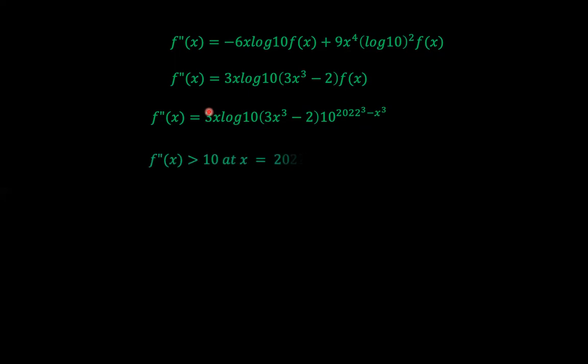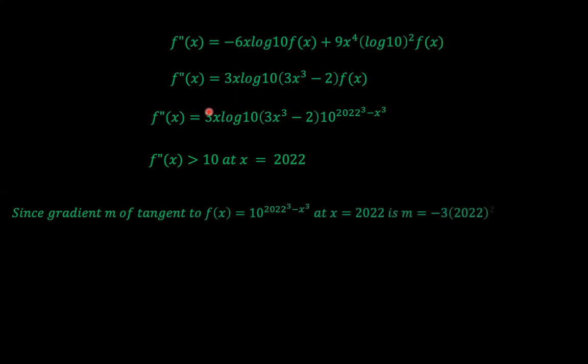Okay, so therefore that means that the tangent of 10 to the power 2022 cubed minus x cubed is less than the integrand at any point. So since the gradient m of the tangent to f(x) equals 10 to the power 2022 cubed minus x cubed at x equals 2022 is m, which is equal to negative 3 times 2022 squared log 10 f(2022).